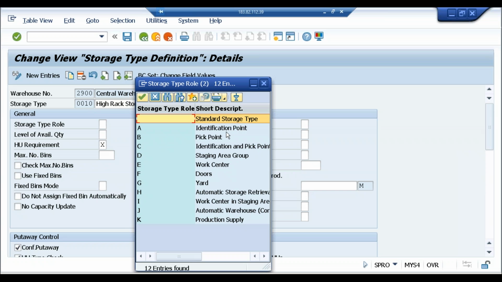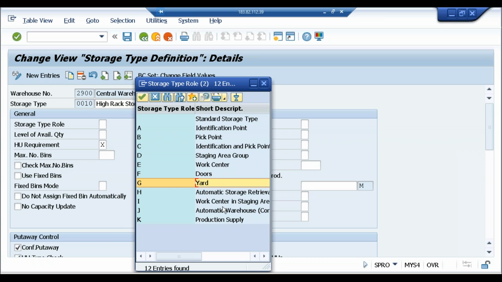Then we have a staging area, which I mentioned is where we keep materials after unloading. Then a work center, where we do the packing, where some human or machinery will go. The door, where we assign the vehicle, and then the yard, which is the parking space where the vehicle first arrives.